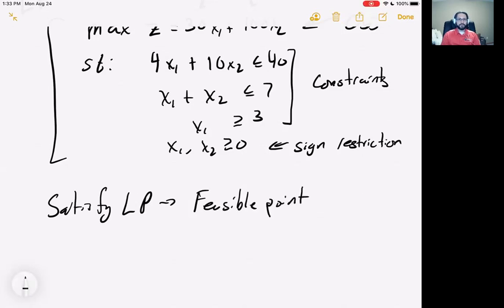A feasible point is an ordered pair x1, x2 that would satisfy the constraints. Can I plug any point into all of the constraints and have them all be satisfied? If you look at homework problem number 2, we have a collection of points to test.